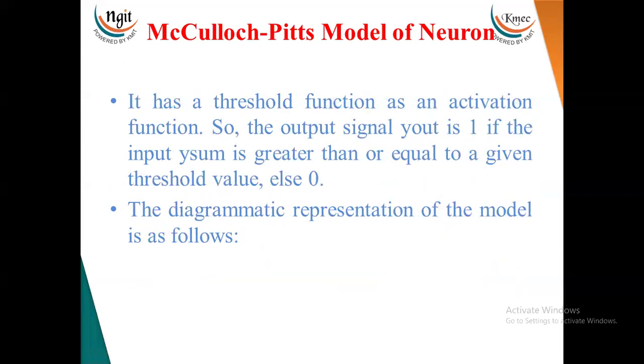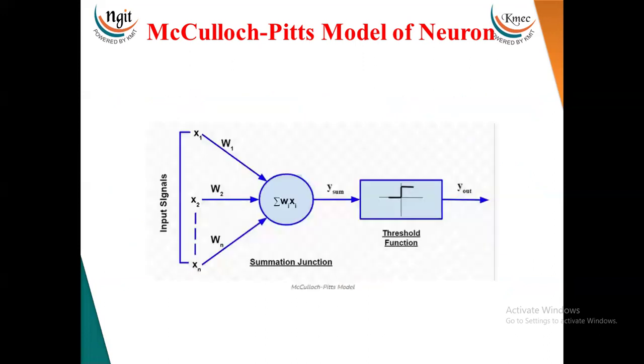It has a threshold function as the activation function, and the output signal y out is 1 if the y sum is greater than or equal to the threshold, else it will be 0. Here is the diagrammatic representation. We have the input signals x1, x2, with weights w1, w2, and so on.